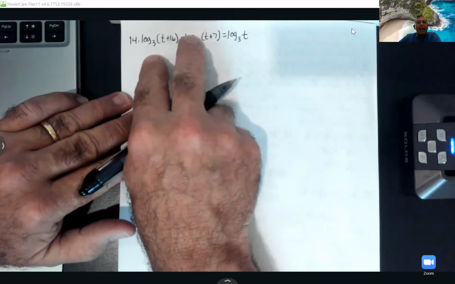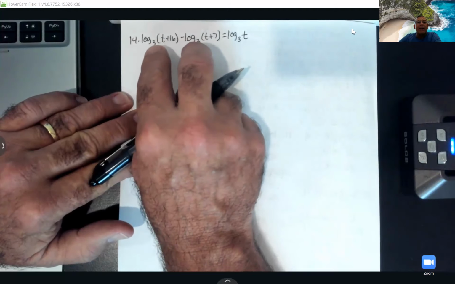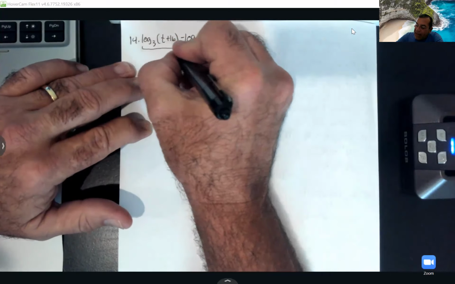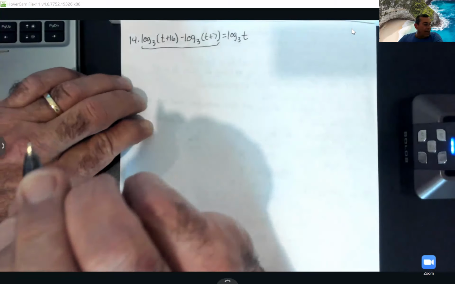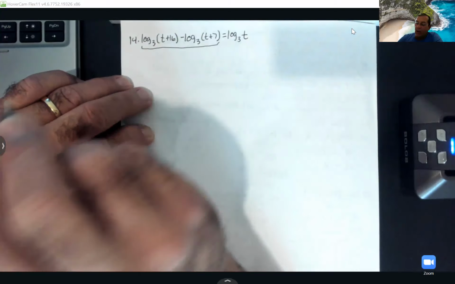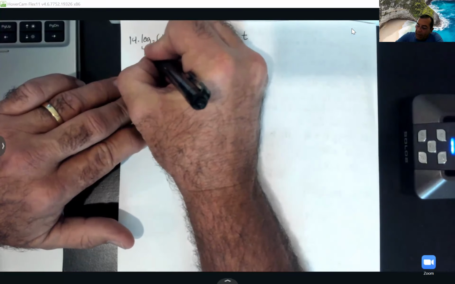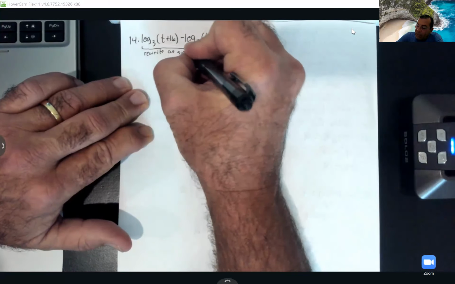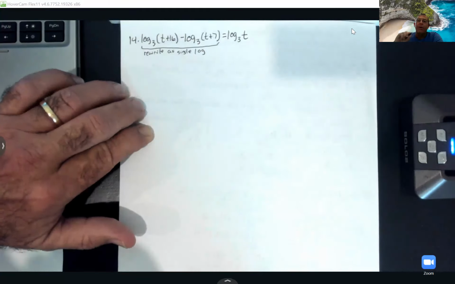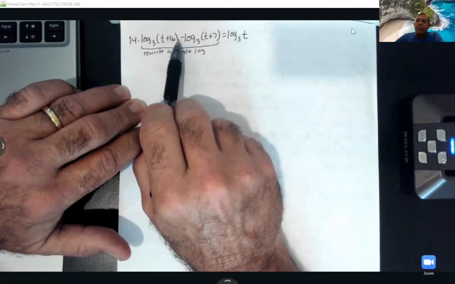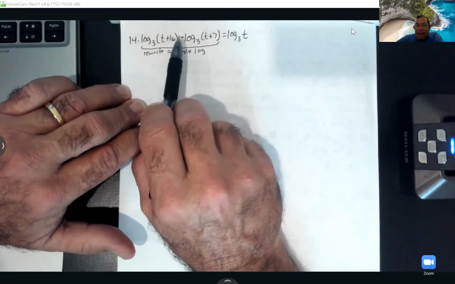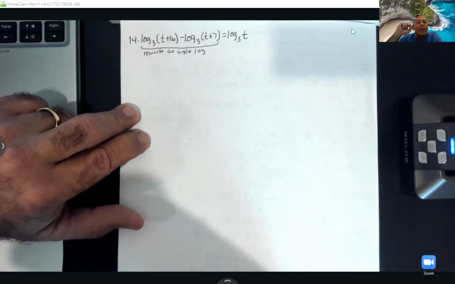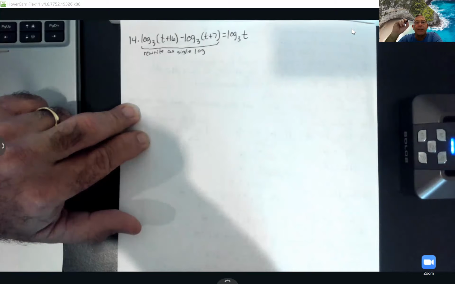But the first thing we got to do is on this left side, we got more than one log. So on the left side, we got to rewrite that as a single log. But y'all look here. These logs are being subtracted. So since they're being subtracted, we're going to rewrite those as a quotient.